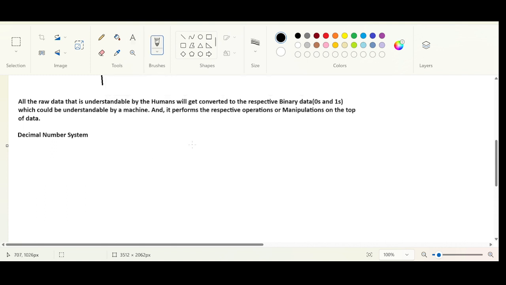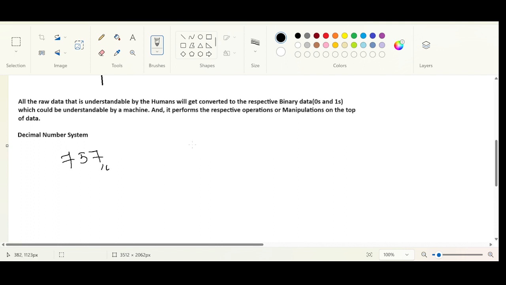Now, the decimal number system, you might be thinking it is going to be very simple. Understanding the decimal number system is very easy. We have been seeing this for a long time, ever since we started our education in school. For example, let us say I have a number like 757. The decimal number system is nothing but a number system whose base is 10.